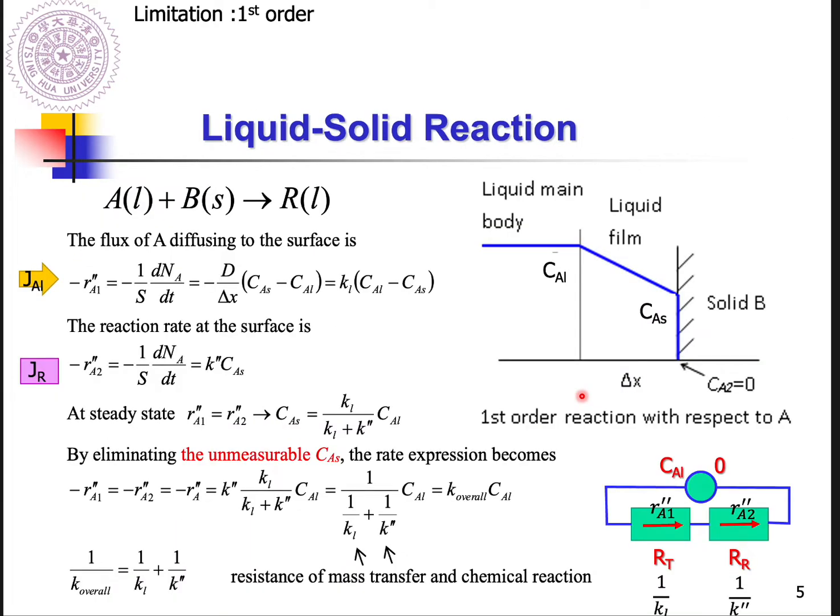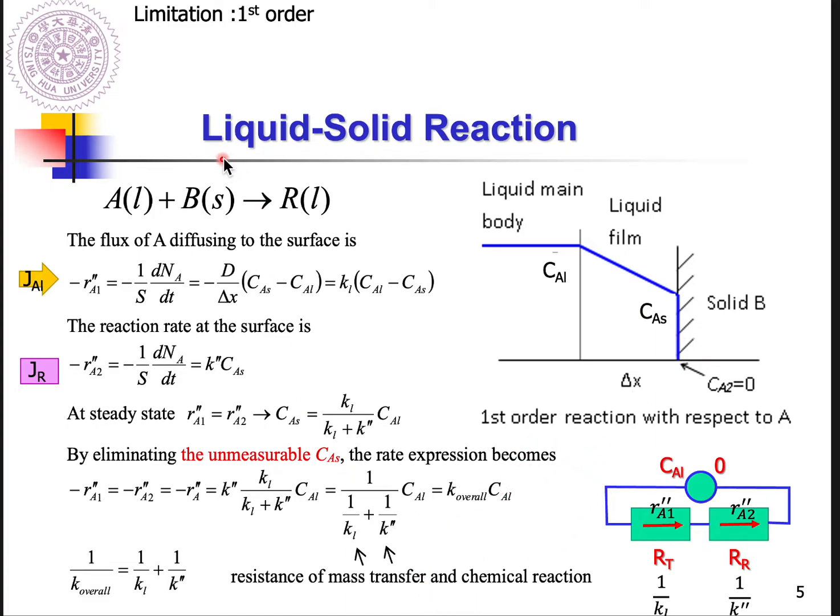Here we are going to derive and show you that, by using this electrical circuit, the way we just introduced, we really can model and incorporate the mass transport and reaction parts in this whole circuit.